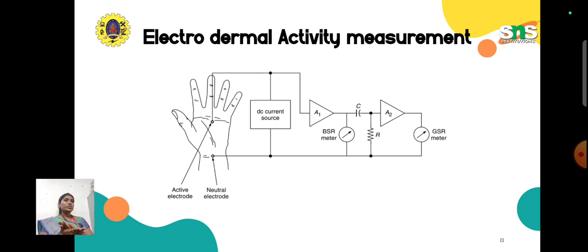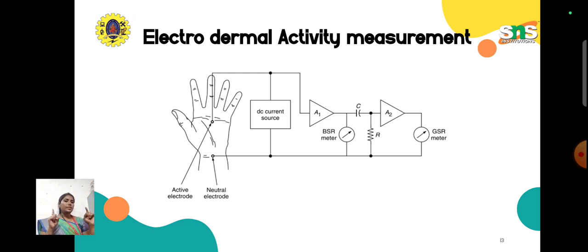BSR is the resistance of the skin at resting state, without any stimulus or external activity. GSR is the response to a given stimulus; the measurement of that response, the changes in electrical activity, is GSR.